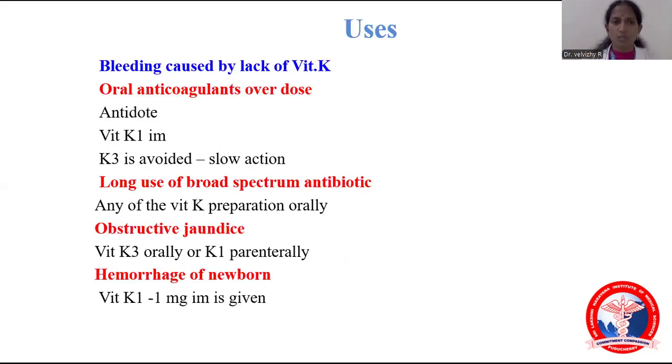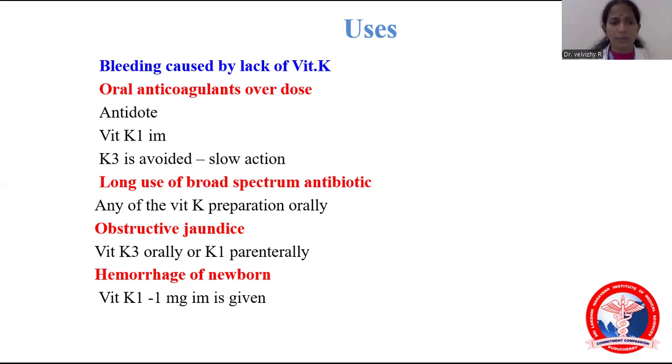Coming to the uses of vitamin K, it is mainly used for oral anticoagulant overdose. Suppose you are giving warfarin and an overdose occurs, then vitamin K is the antidote. Here we always prefer vitamin K1 intramuscular injection because of its immediate action. If the patient is taking long-term broad spectrum antibiotics, these antibiotics will destroy the intestinal flora of the gut and also precipitate bleeding.